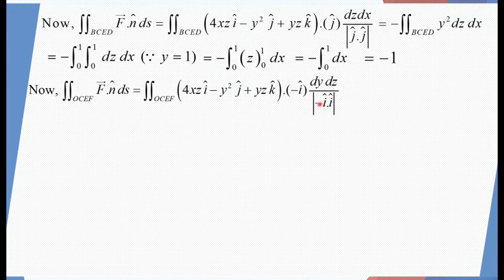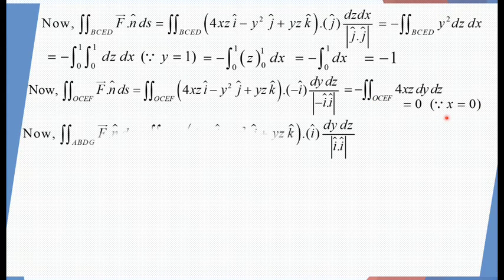So it is 1, and we take the dot product. So 4xz i cap dot minus i cap will be minus 4xz, and 4 is a constant, so we can take it outside. So the double integral of 4xz dy dz, but in this particular case x is equal to 0, so the value of this entire integral is 0.